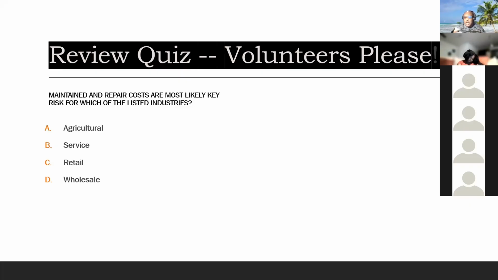But given the nature of the industry, as you said, agriculture, the relatively high percentage of fixed assets, I mean, heavy duty equipment that they are going to be needing and using, if they do not care for those things in a timely manner, then that would in fact represent a potential risk that, as a banker, a potential lender, you would want to be aware of. Absolutely correct. All right, one more.